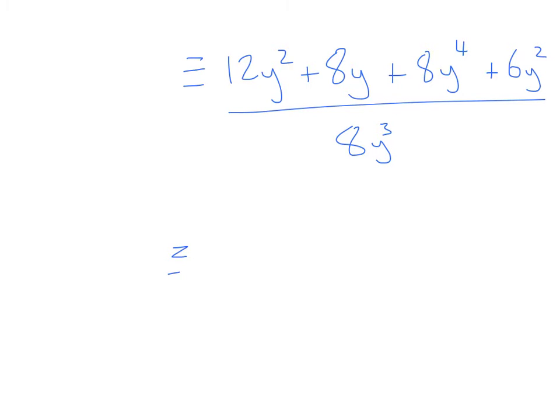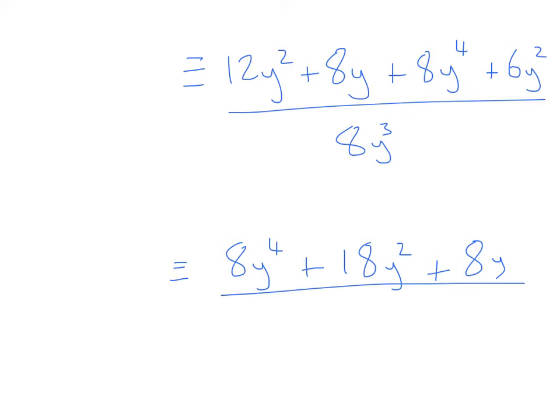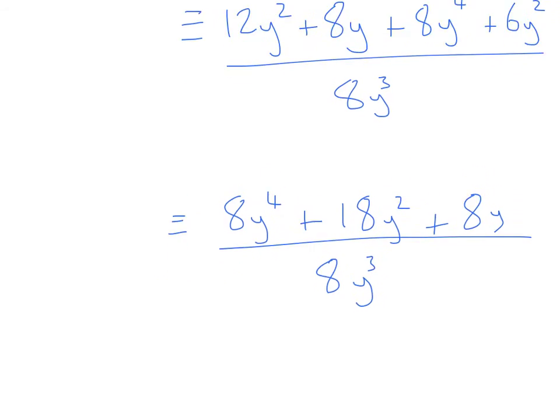So that would be 8y to the power of 4, and then 12y squared and 6y squared is going to be 18y squared plus 8y, and that's all over 8y cubed.